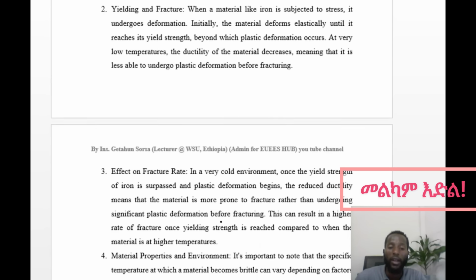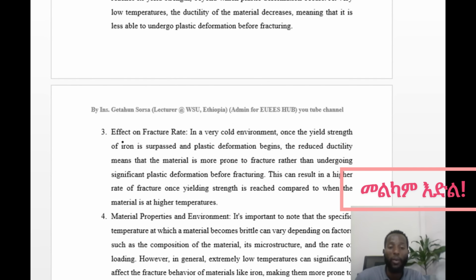Third, we have the effect on fracture rate in a very cold environment. Once the yield strength of iron is surpassed and plastic deformation begins, the reduced ductility means that the material is more prone to fracture rather than undergoing significant plastic deformation before fracturing. This can result in a higher rate of fracture once yield strength is reached.